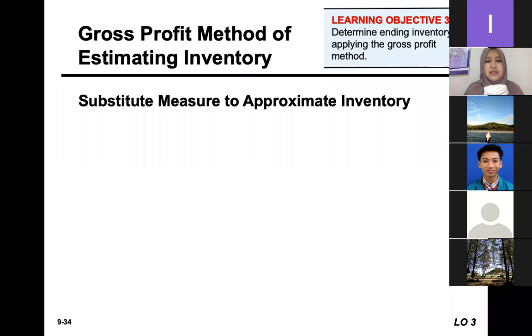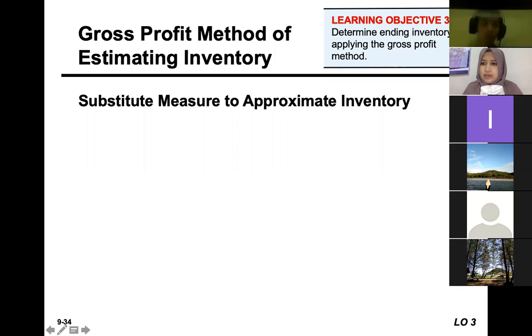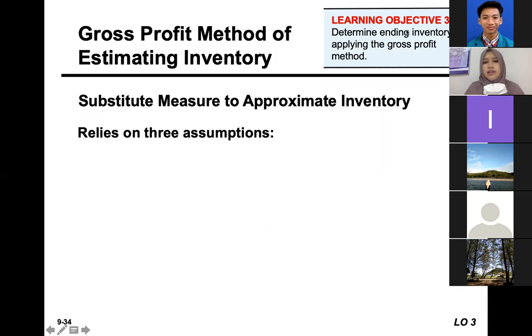We have a method of estimating inventory which is called the gross profit method. Sometimes the company needs to quickly estimate how much the ending inventory is without actually doing the physical calculation.